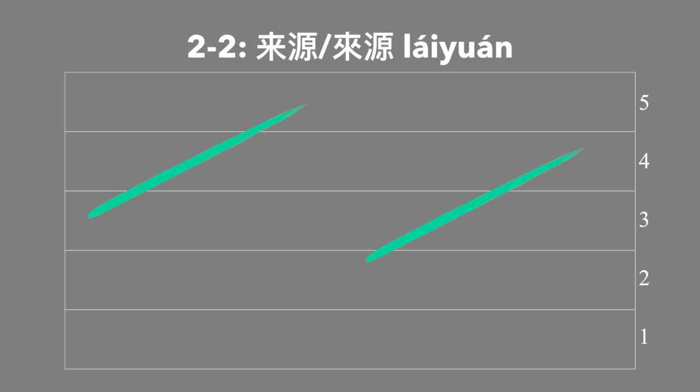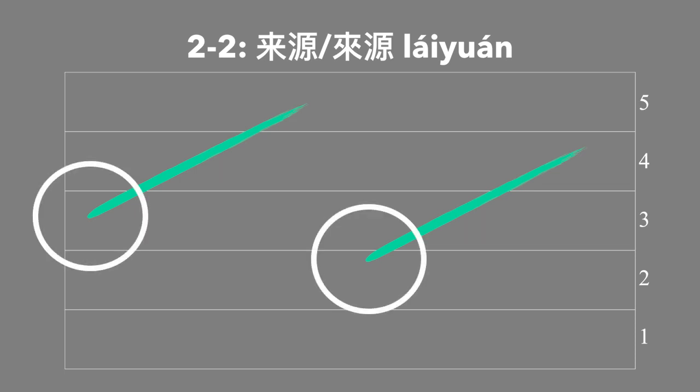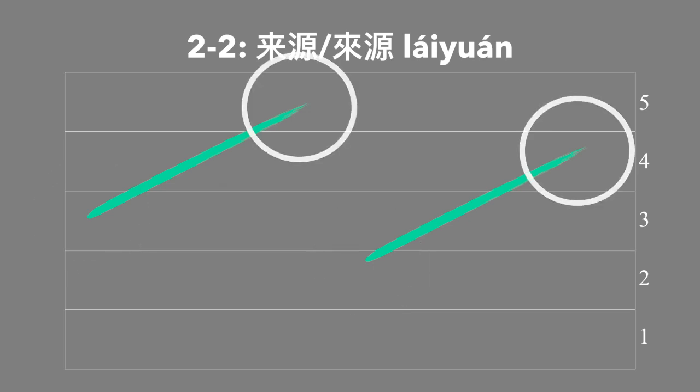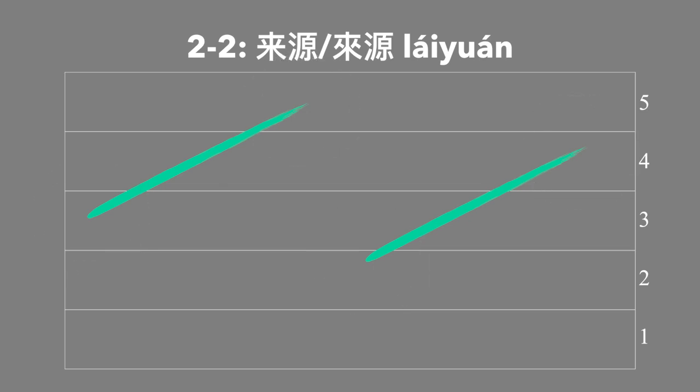All right, so notice that the entire second syllable is a little bit lower. That is, it starts lower than the first syllable starts, and it ends lower than the first syllable ends. Listen again. 来源来源. So when you have a 2-2 combination, make sure that your second syllable is just slightly lower than the first one.